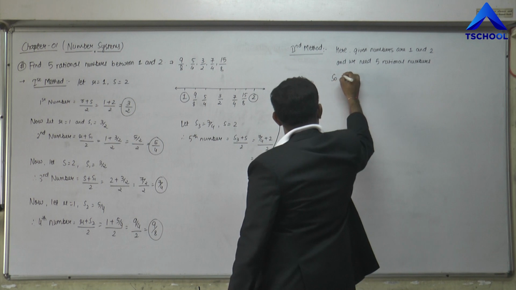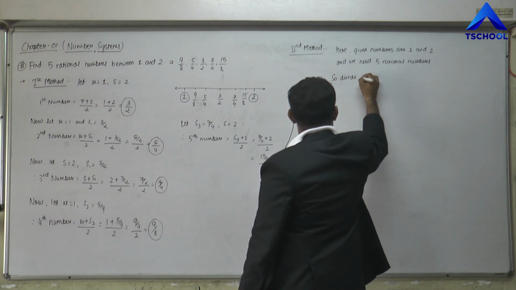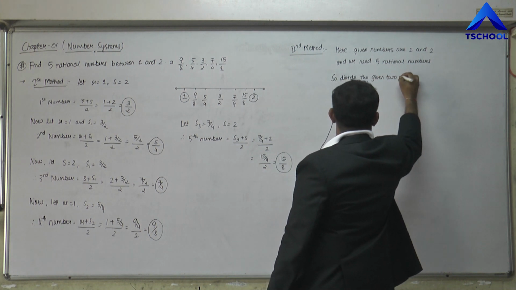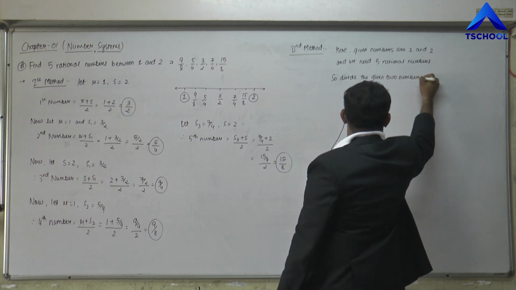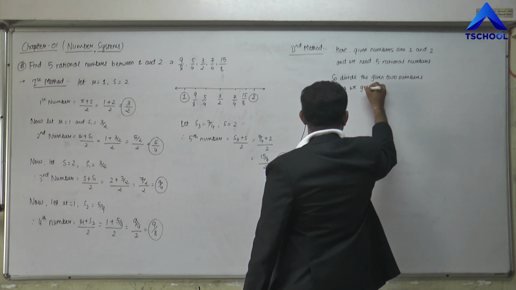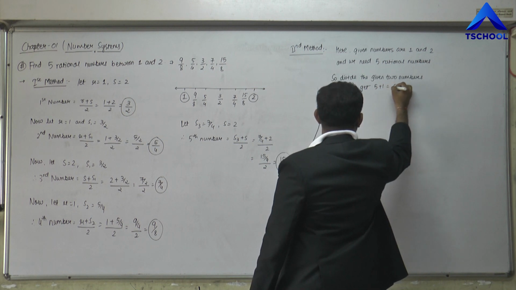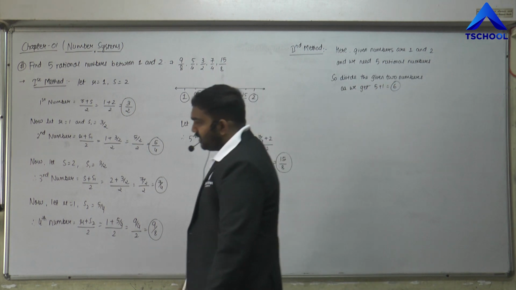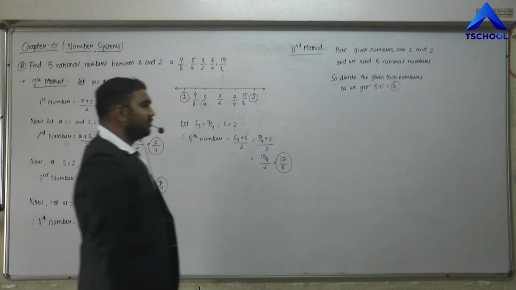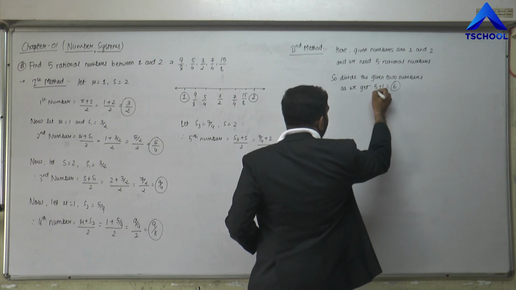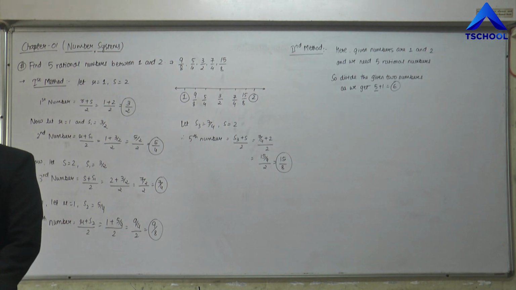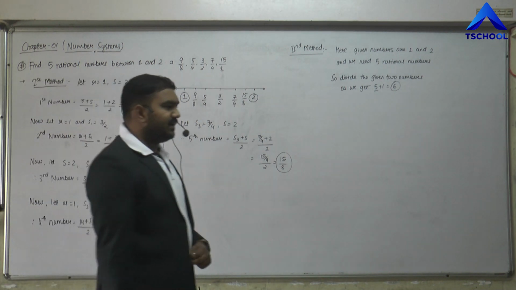So divide the given two numbers as we get 5 plus 1, 6, right? So we shall now divide the numbers as we get 5 plus 1 equals 6. Why 5 plus 1 only? Because we require only 5 rational numbers, and so we get 5 plus 1, that is 6, right?